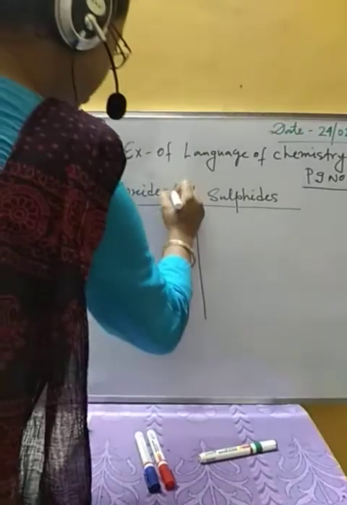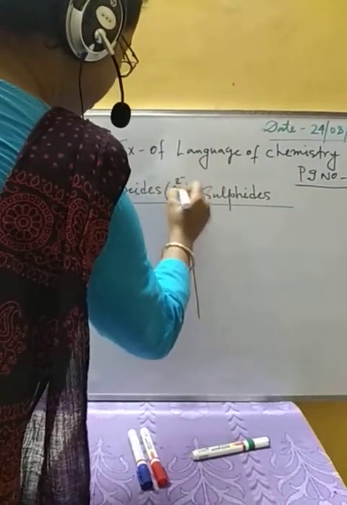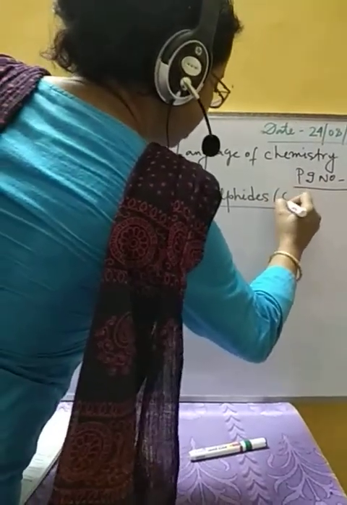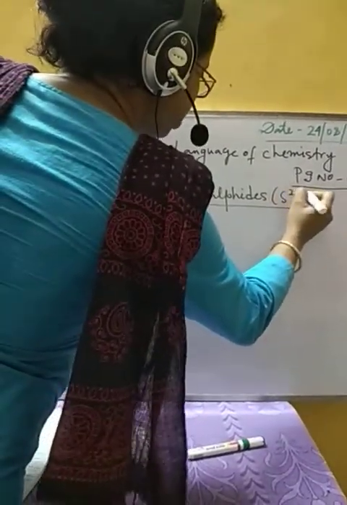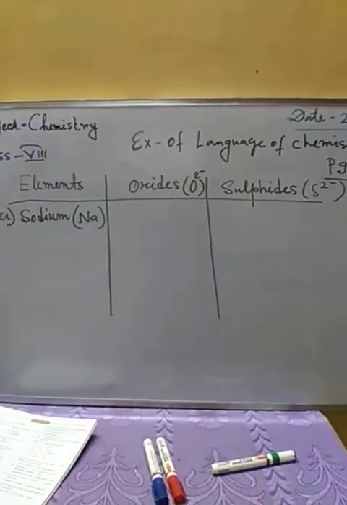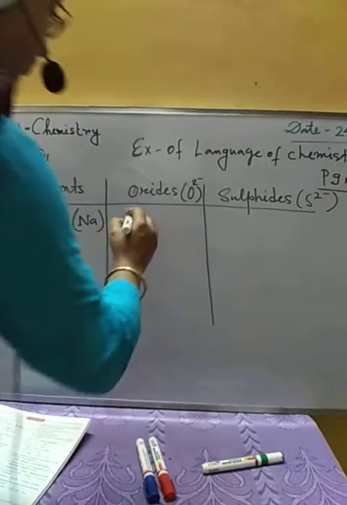Oxide means O2 minus. Okay, so here also you write down the symbol. Sulfides are S2 minus. Okay, so what will be the formula of oxide of sodium?